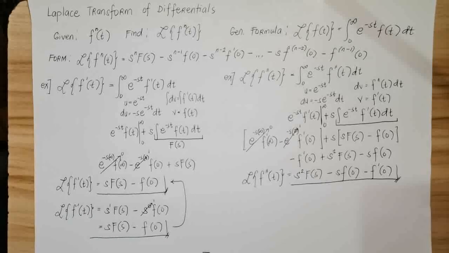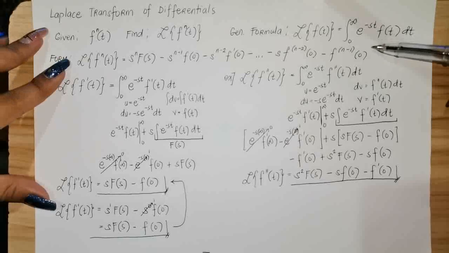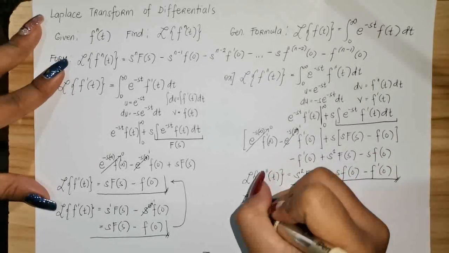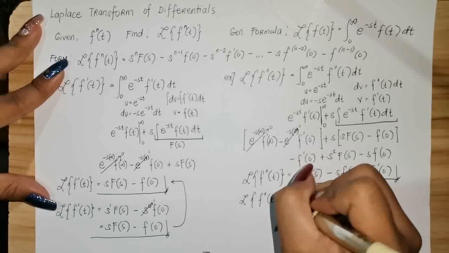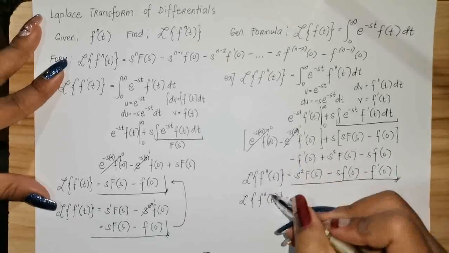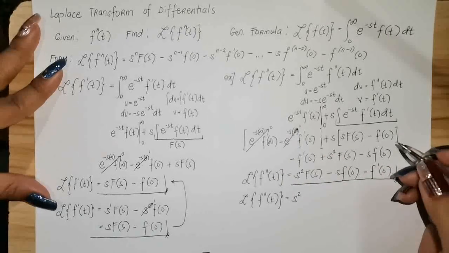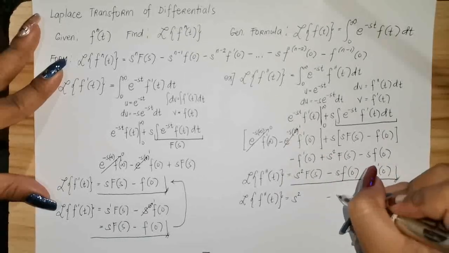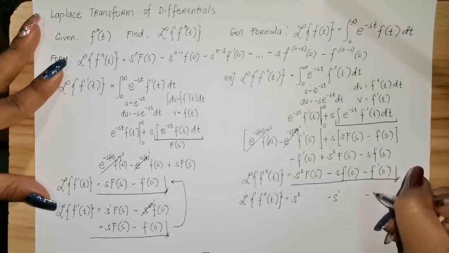Now we will try to follow the shortcut formula. This will be the Laplace transform of the second derivative of f of t. The value of n is 2, so that will be s squared. Then going down, s raised to 1, then s raised to 0.